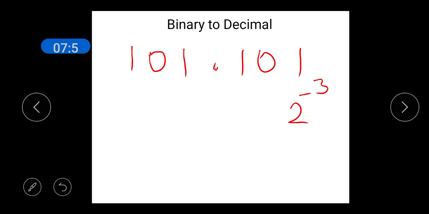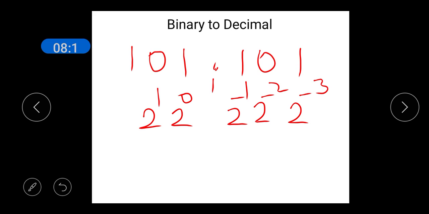The weight of this 0 is 2 power minus 2. The weight of this 1 is 2 power minus 1. And to the left of the binary point, the weight is 2 power 0, 2 power 1, 2 power 2. Now when you want to convert this binary number, for example 101.01 into decimal number, you have to multiply each bit by its weight and then you have to add.